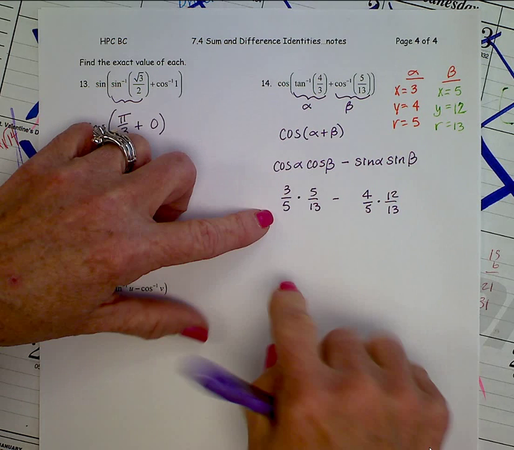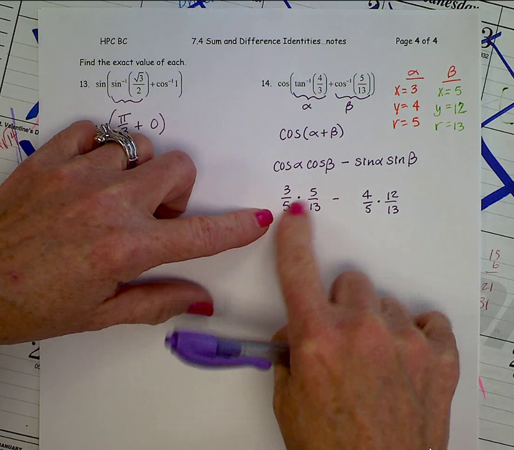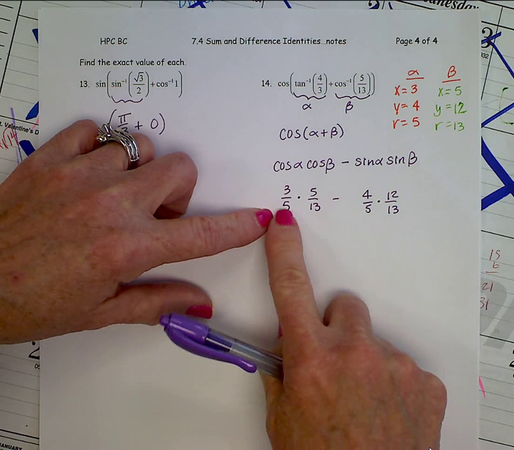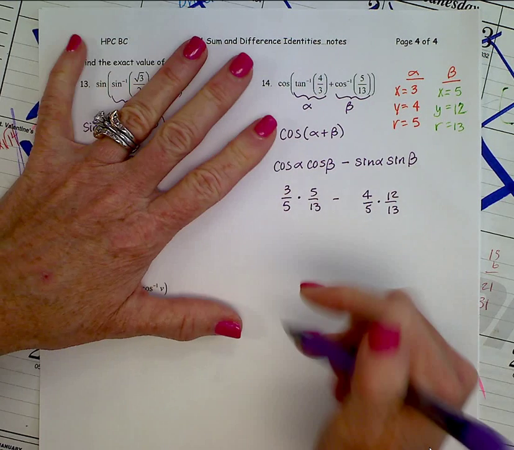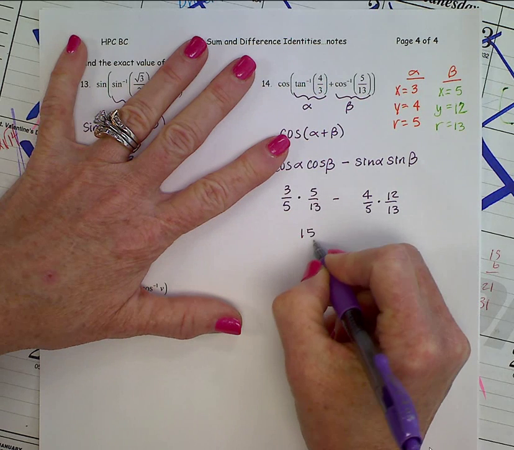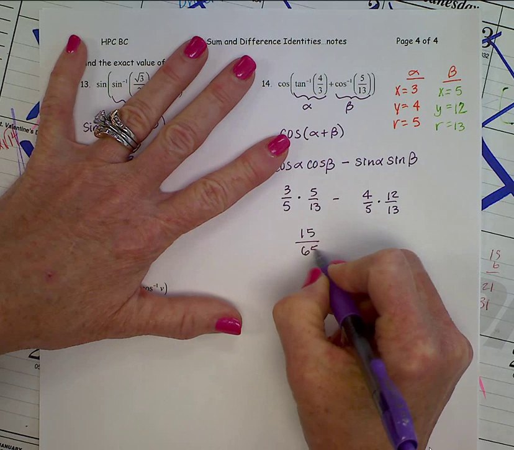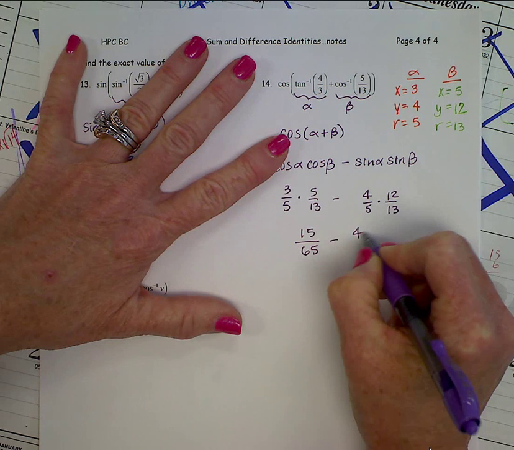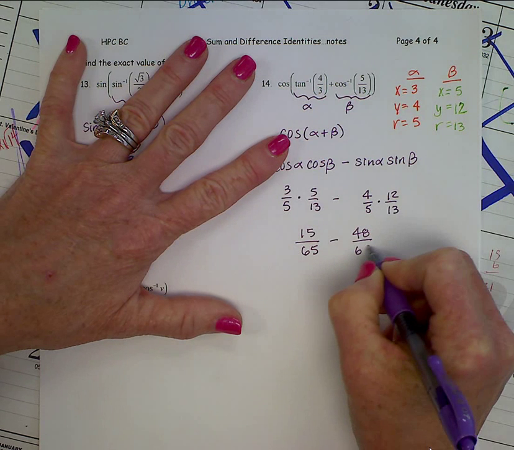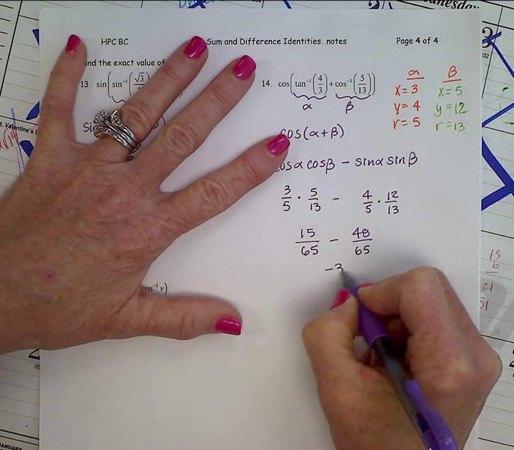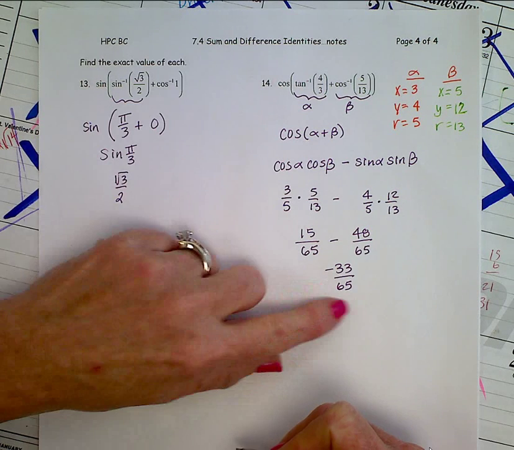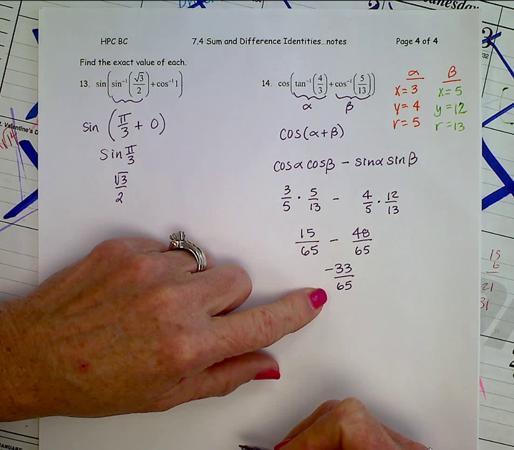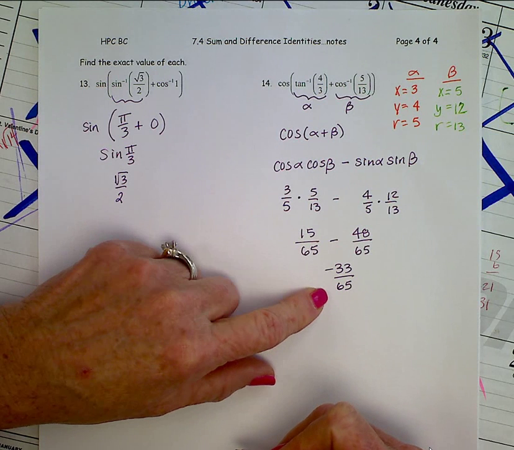And don't simplify the 5s here, because if you do, then when you multiply them, you won't have common denominators between these two fractions. It's much easier to leave them unsimplified, and that's a 15 over 65 minus a 48 over 65, and there's a negative 33 over 65. Clearly, if this fraction simplifies at the end, then we absolutely would want to simplify that. But there we go.